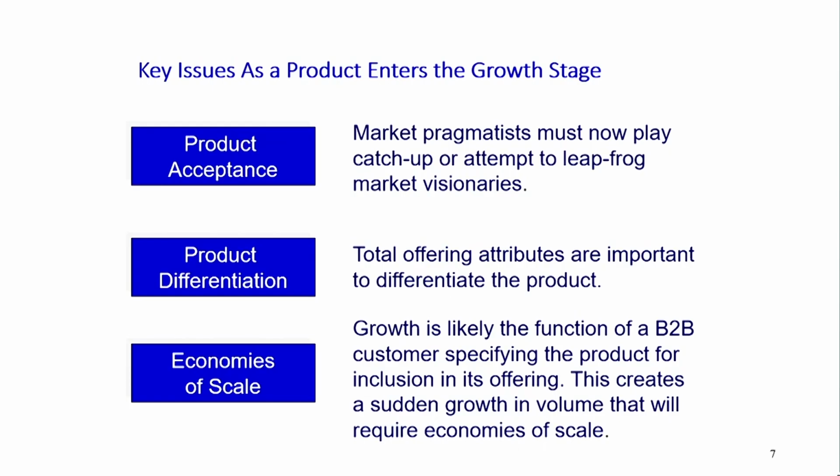So, these are the key issues of this growth stage. And growth is often likely a function of a B2B customer specifying the product for inclusion in the offering, and therefore, there will be a lot of importance of customer visits, customer demonstrations, training and technology oriented expositions at this stage, because growth, as rapid a growth as possible, will be the key focus of the marketer at this stage.